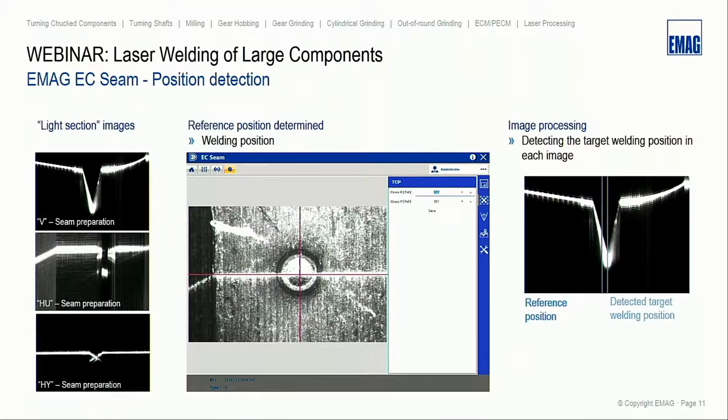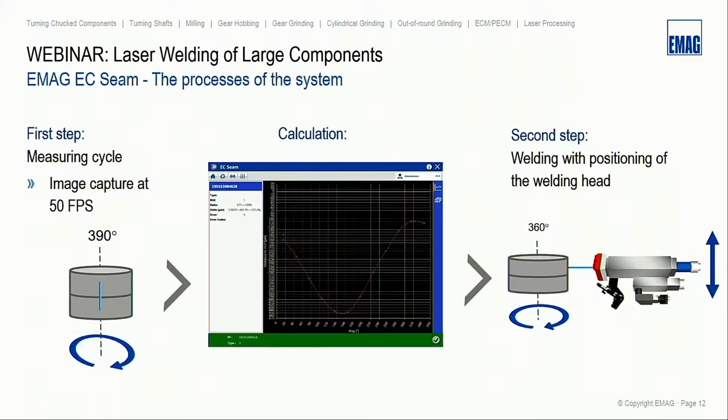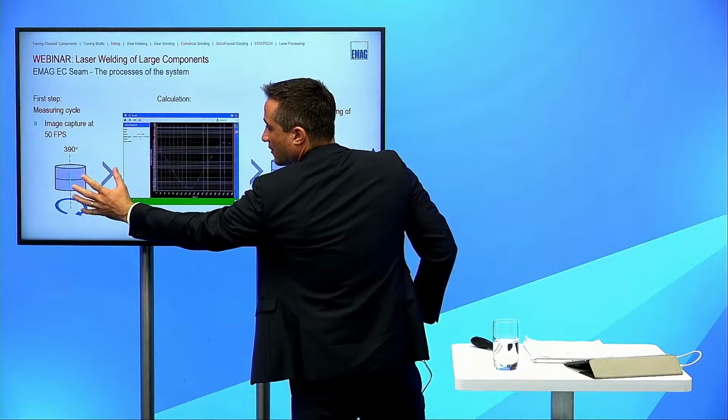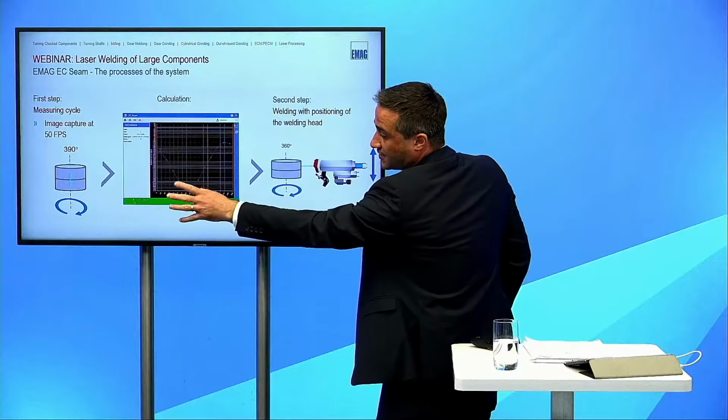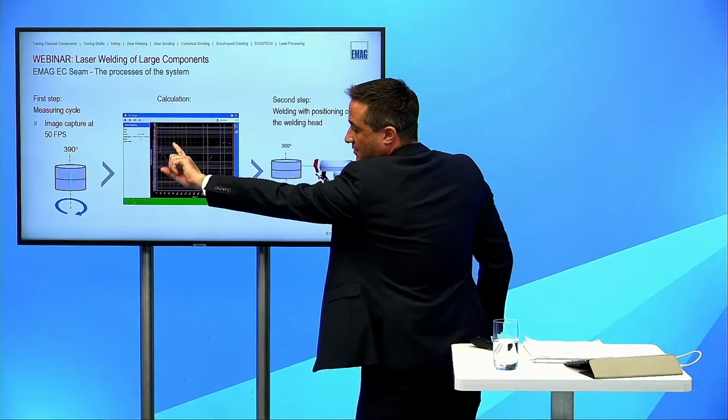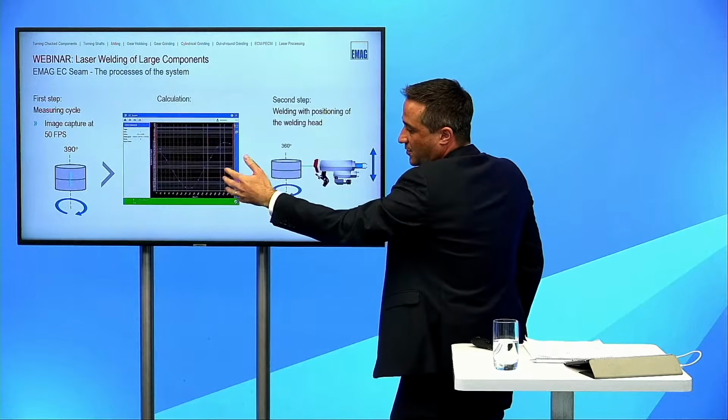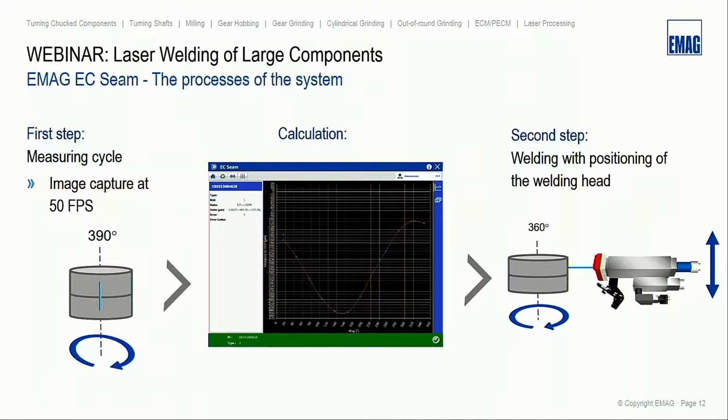We scan the position with a camera, and this position is then forwarded directly to the NC controlled axis, which means later on the optic itself is able to move NC controlled around the workpiece to make sure that we are always in the middle of the two single components to weld them.